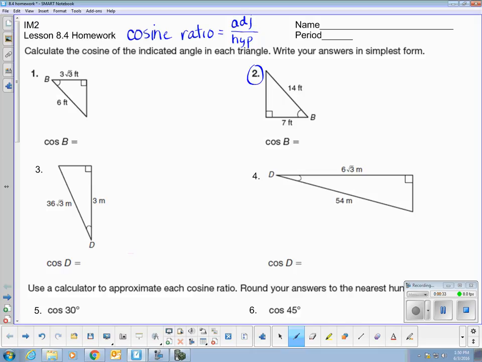So, in number 2, if our reference angle is angle B, this side is my adjacent side, and this side is the hypotenuse. So the adjacent side 7 to the hypotenuse 14 gives me a ratio of 1/2.